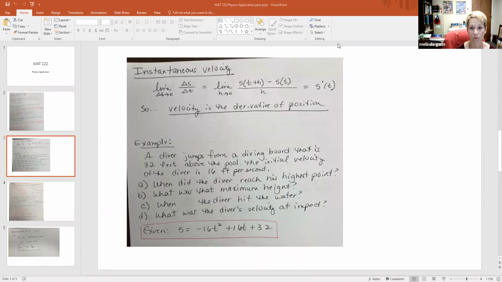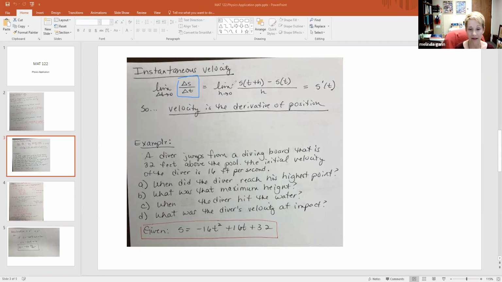All right. Now I kind of wrote it in a little bit different form. Remember, average velocity was this. But as this bottom number gets smaller and smaller, as my gap in time shrinks, as it gets closer to 0.